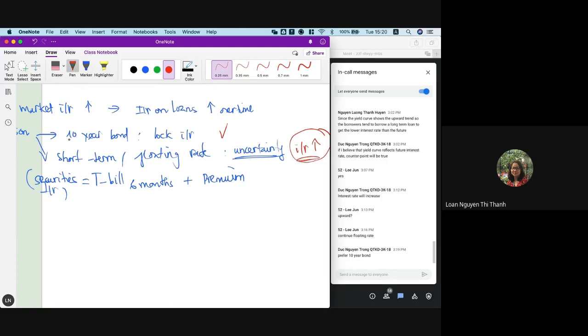But if they accept a higher cost right now, they can lock in 10 years maturity. So does everyone agree with a 10-year bond? Any other idea? Lee Jun, do you still continue with the floating rate or the 10-year bond?